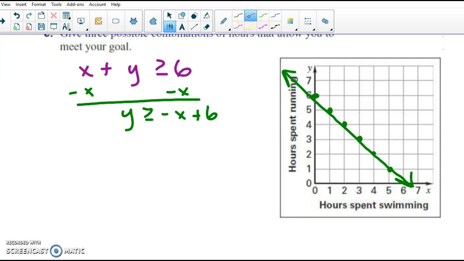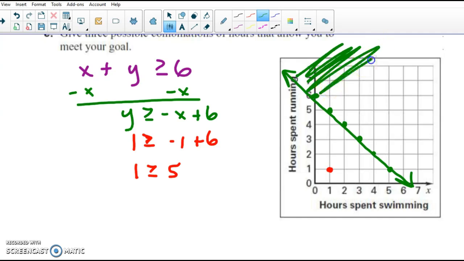So I'm going to use red for my test point. So let's just do the point 1, 1 again. If I put 1 in for x and 1 in for y, let's solve and see if this makes a true statement so I know if this is a part of my solution. So -1 plus 6 is 5. 1 is not greater than or equal to 5. So this point is not a part of my solution set. So I need to shade the other half plane.